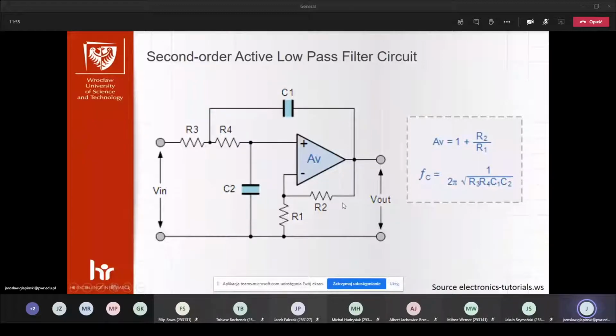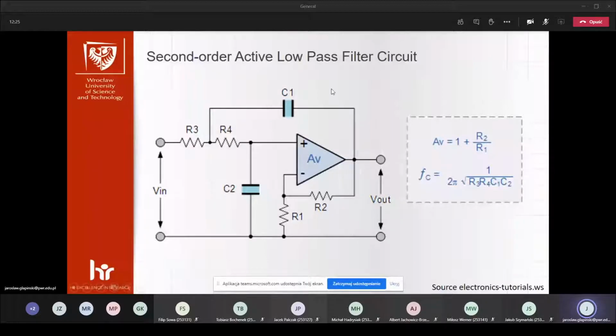Of course, we can use one stage filter and then another one stage filter, and we will have the second stage filter, but it's easier to use just one amplifier. So in matter of fact, we can design a second order filter. This is an example of the low pass filter.